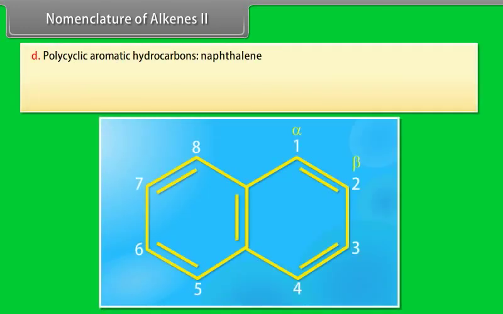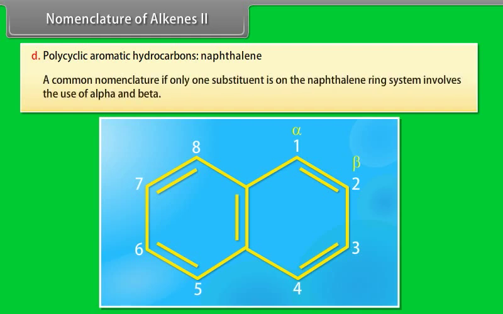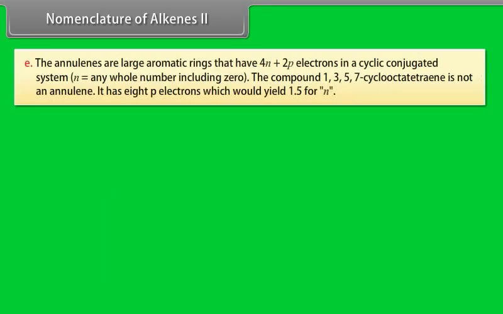D. Polycyclic aromatic hydrocarbons that you should know are naphthalene. A common nomenclature if only one substituent is on the naphthalene ring system involves the use of alpha and beta. E. The annulenes are large aromatic rings that have 4n plus 2 pi electrons in a cyclic conjugated system.